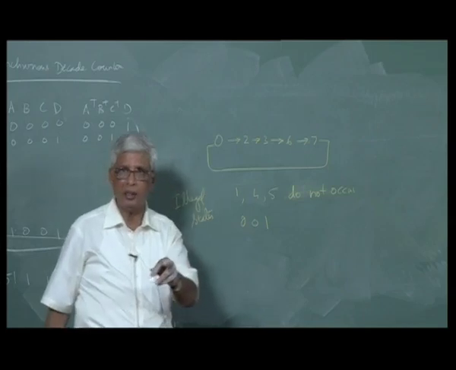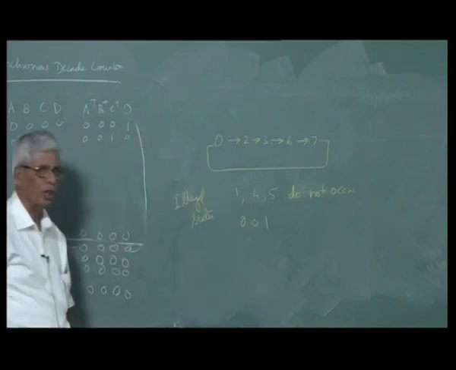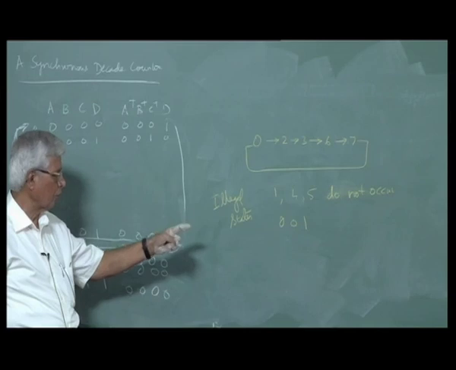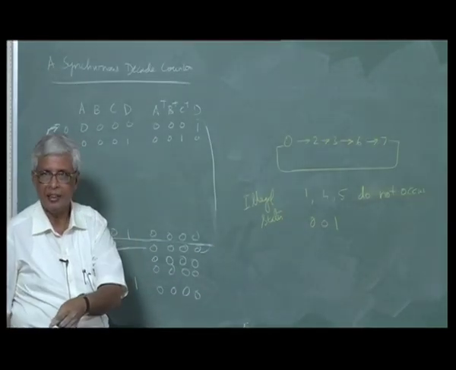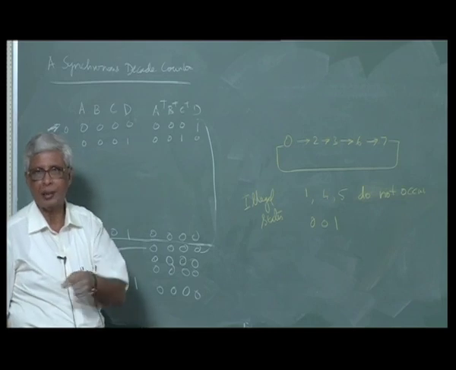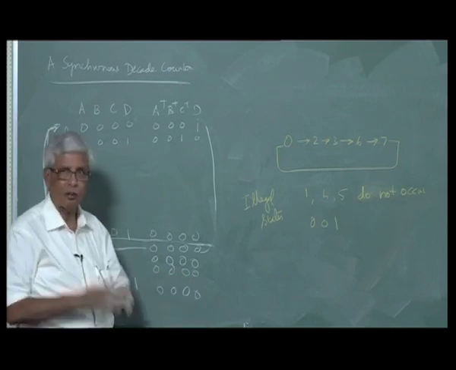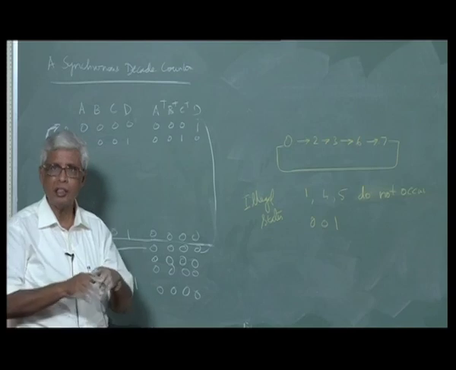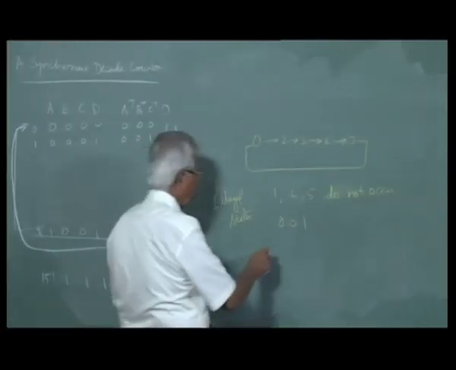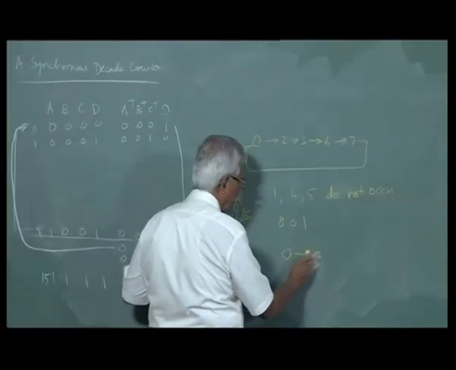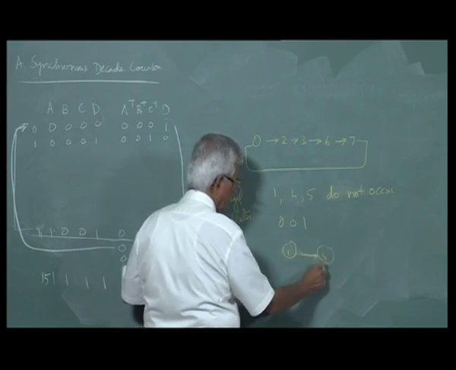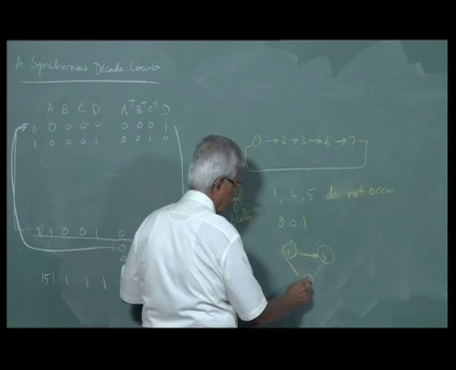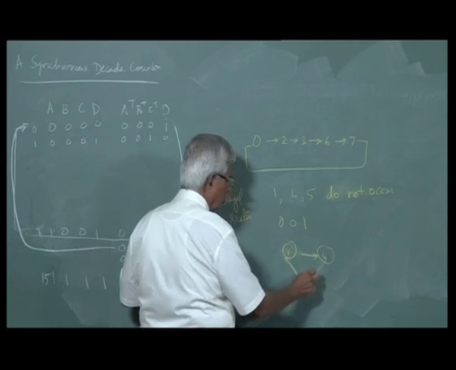After you design your circuit, you give values of 001 to DA, DB, DC and see what happens. If it goes to one of the legal states, you are fine. If it does not, if it goes from 1 to 4, this will form a loop.